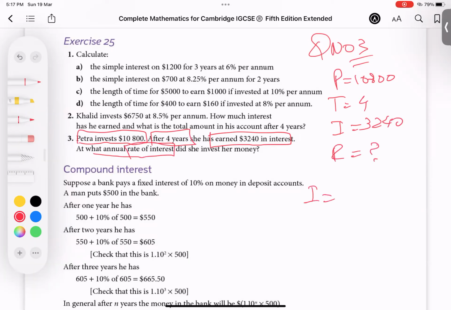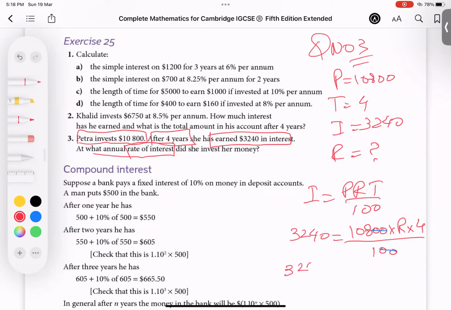So I is equal to PRT by 100. I have two ways: I plug in values before or later, no problem. I is 3240, P is 10800, the rate of interest we don't know, and 4 years, by 100. For your knowledge, these 2 zeros of 100 and 2 zeros of that value cancel.